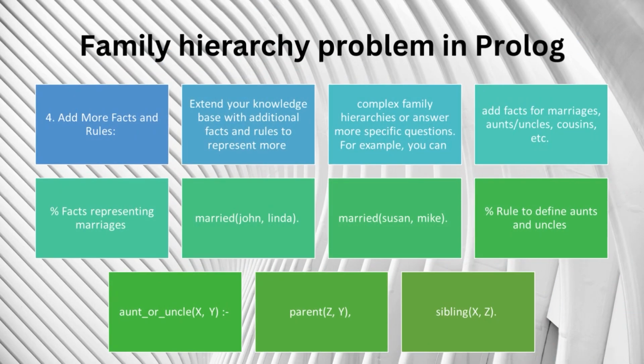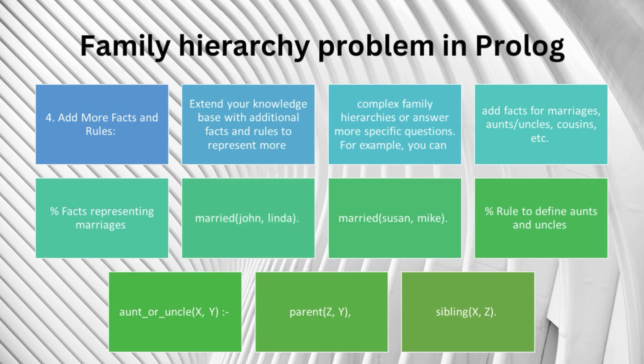Next step is to add more facts and rules. Extend your knowledge base with additional facts and rules to represent more complex family hierarchies or answer more specific questions. For example, you can add facts for marriages, aunts, uncles and cousins, etc. Next is facts representing marriages.